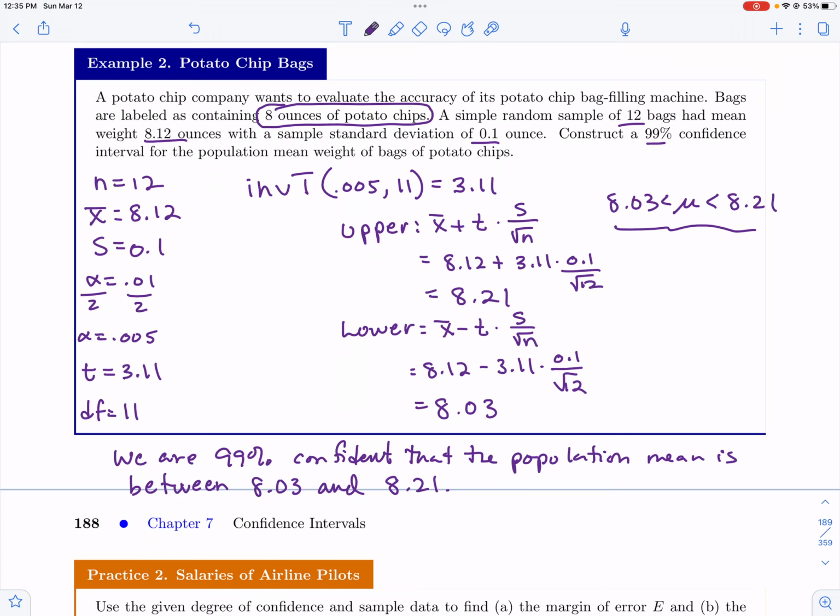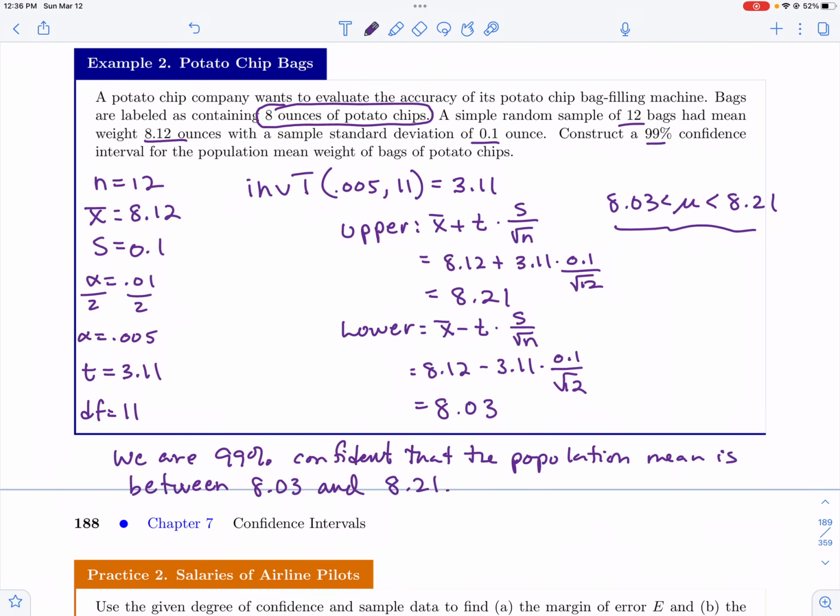But here, we could have a 95% confidence interval with 10 different problems, but if they all had different n values, we'd still have to calculate inverse t each and every time to figure out our t, or tiger, score. We can't reuse scores unless the n happens to be exactly the same. So more than likely, every single problem, we're going to have to calculate a new tiger score, where we don't in 7.1.